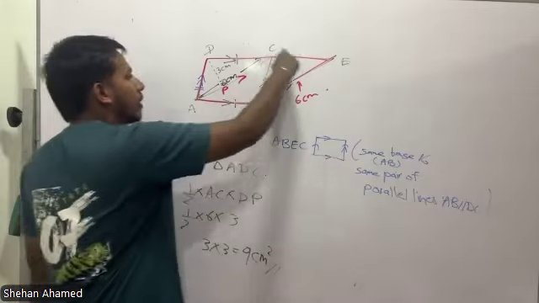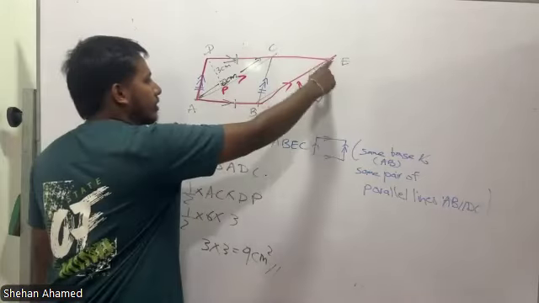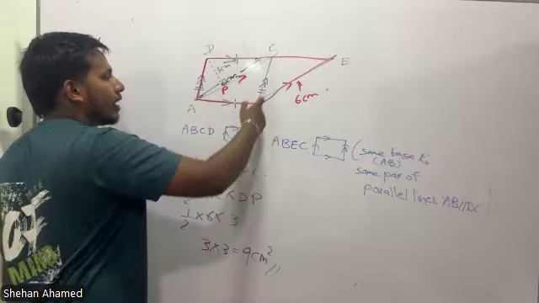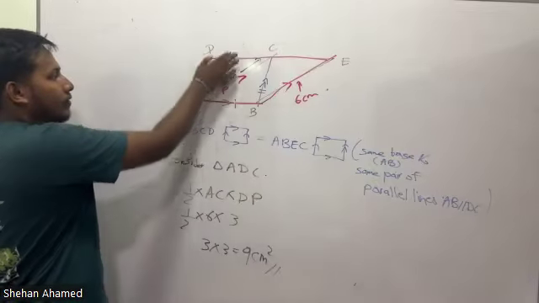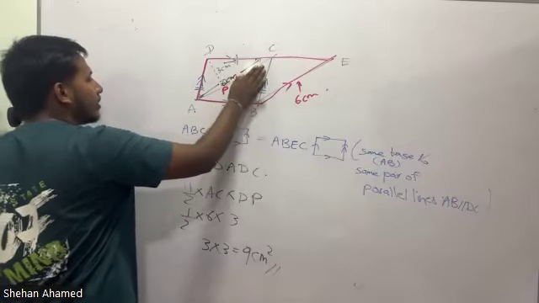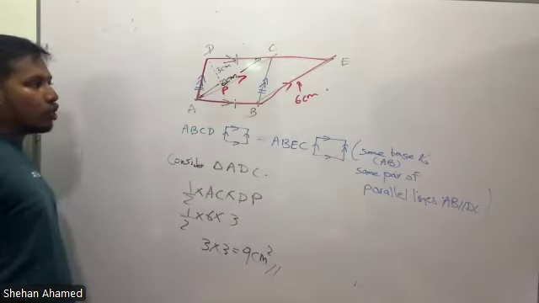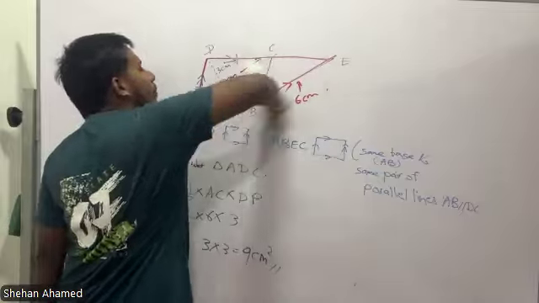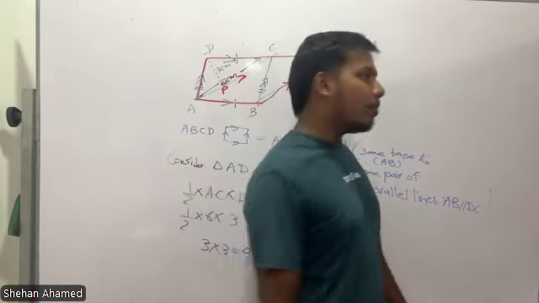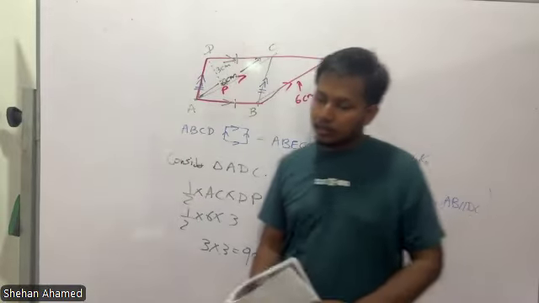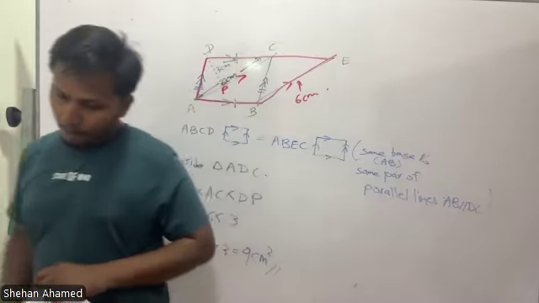Why? This is also a parallelogram, and BC is the diagonal of this parallelogram ABEC. If this is 9, this is 9. So the total area of the trapezium is 9 plus 9 plus 9. What is the answer? Anyone?